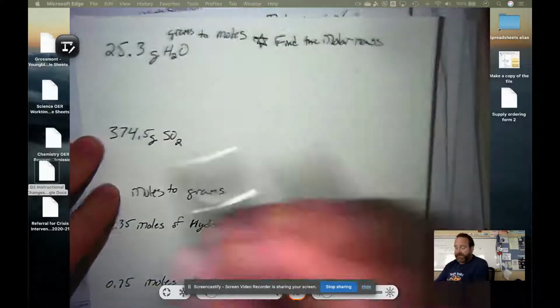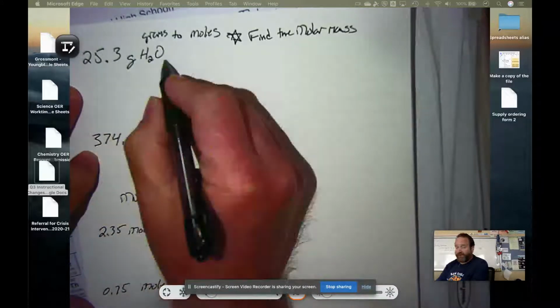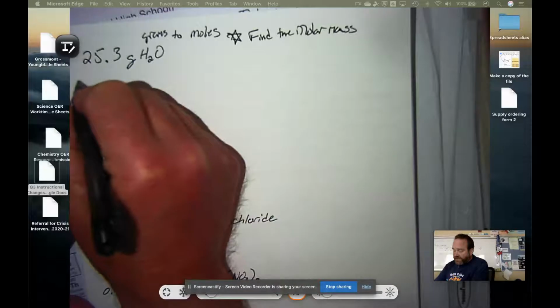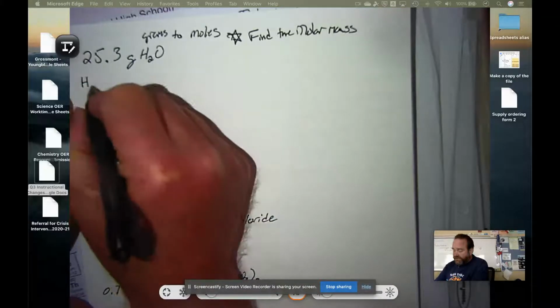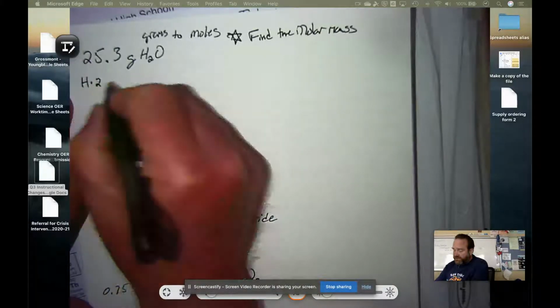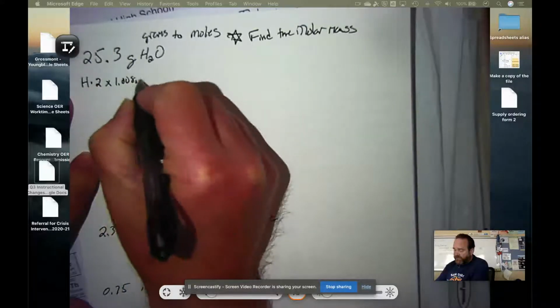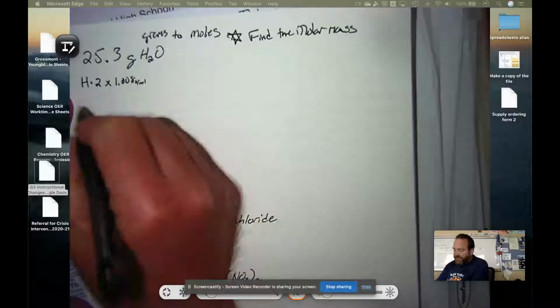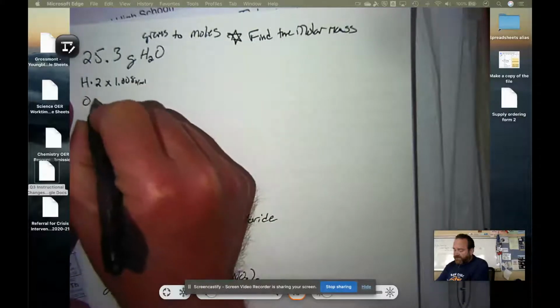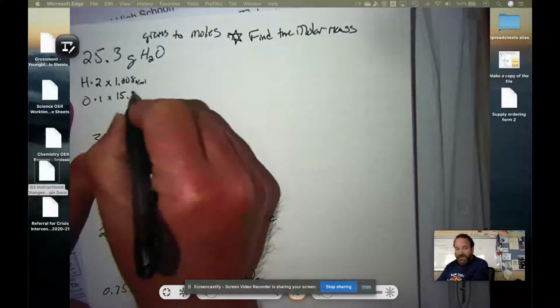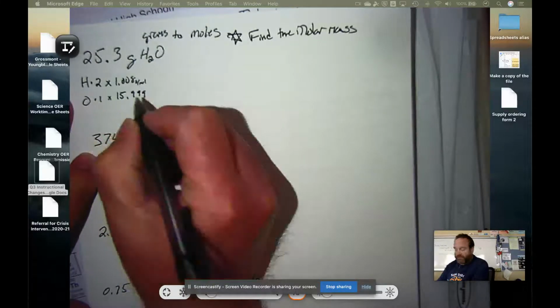All right, 25.3 grams of water. First thing I'm going to do is find my molar mass of water. So I'm going to do that right over here. I've got 2 H's, each one at 1.008 grams per mole. I've got 1 oxygen at 15.999.